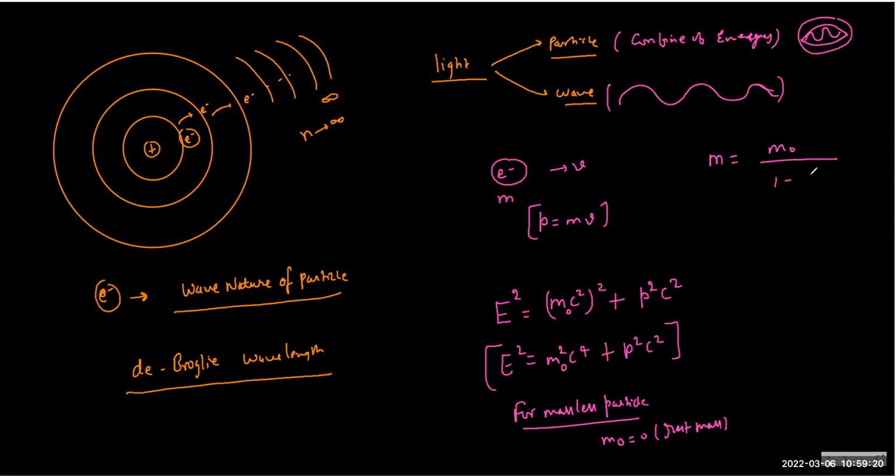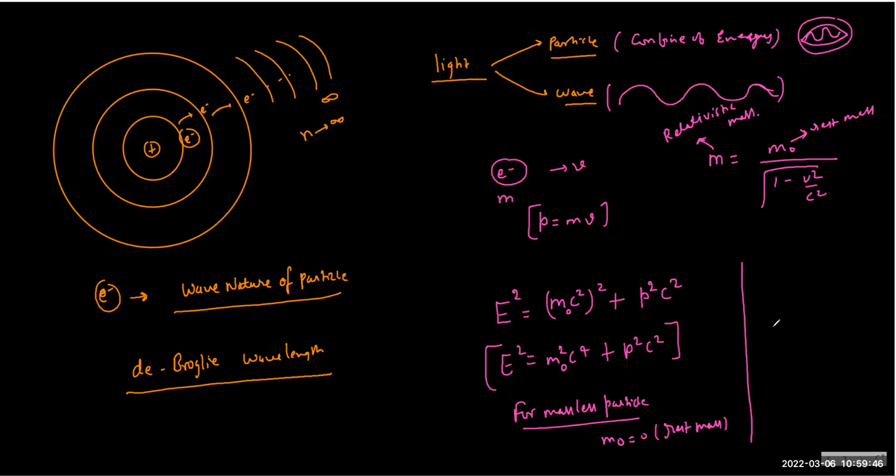The mass when it is not in motion we call the rest mass, and this is called the relativistic mass.